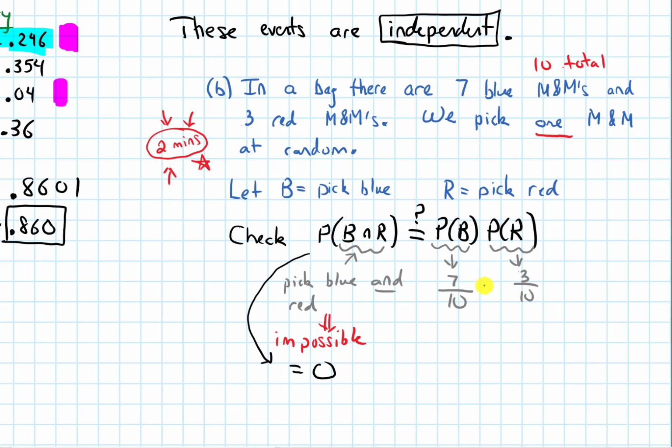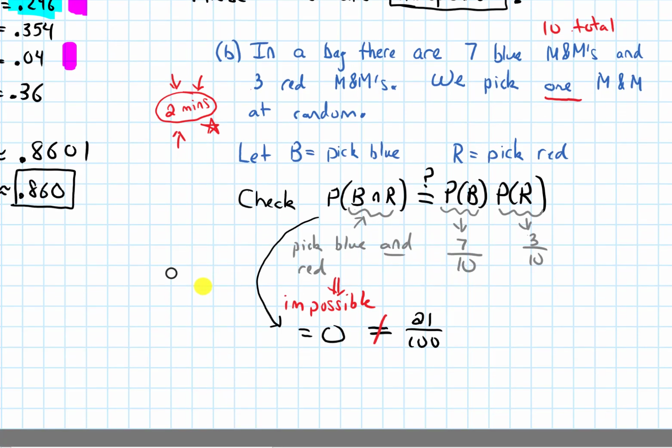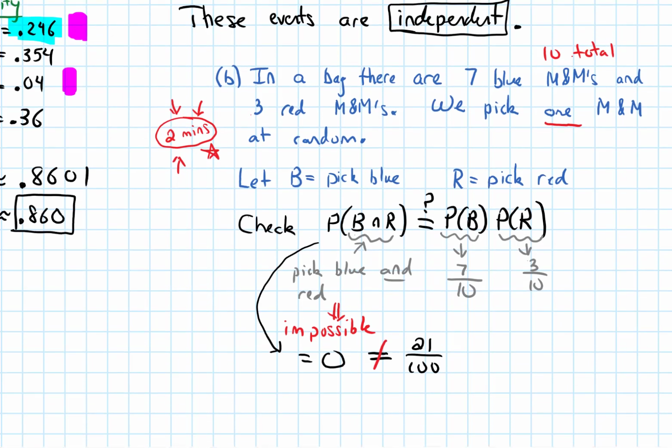So on the right-hand side, I'm multiplying 7 over 10 times 3 over 10, which is going to give me 21 over 100. And I can see that that is definitely not equal to 0. So because the two sides are not equal here, we can conclude that B and R, these two events, are not independent. And that is our answer.